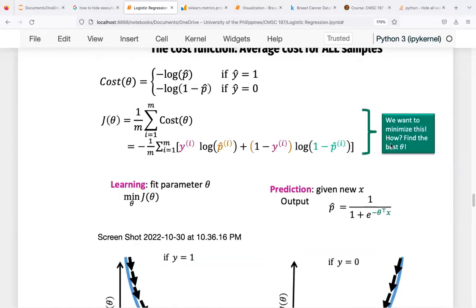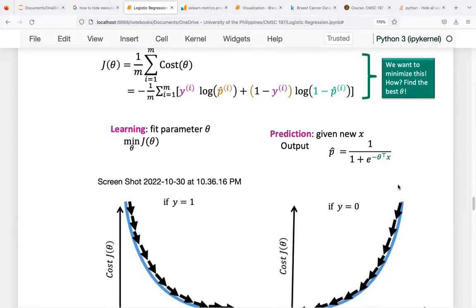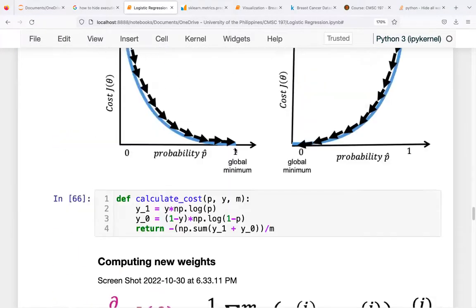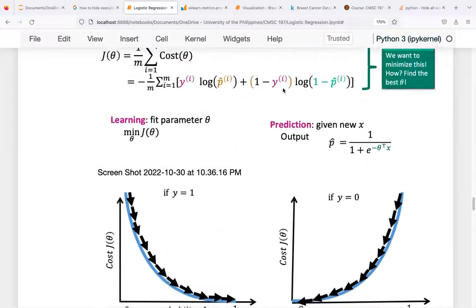And in order for us to minimize this cost, we must find the best theta, or the best optimal weights. So what can we do? Compute the new weights. But before that, let's discuss how to implement this in code.